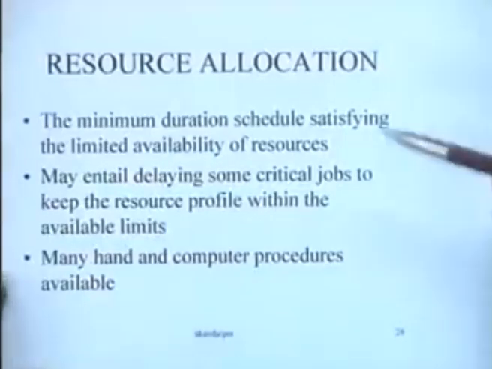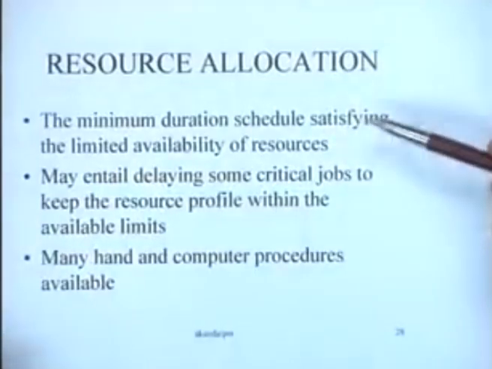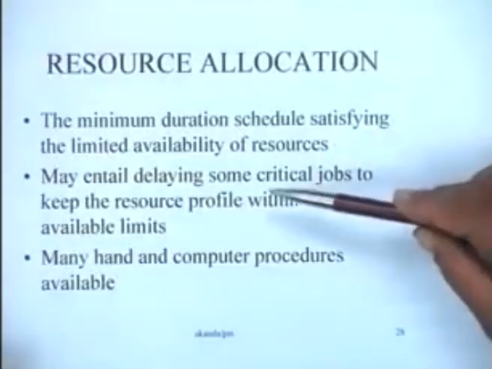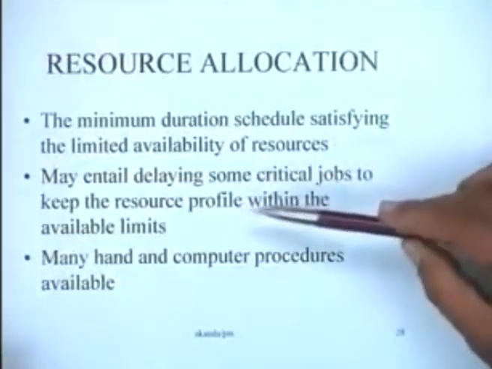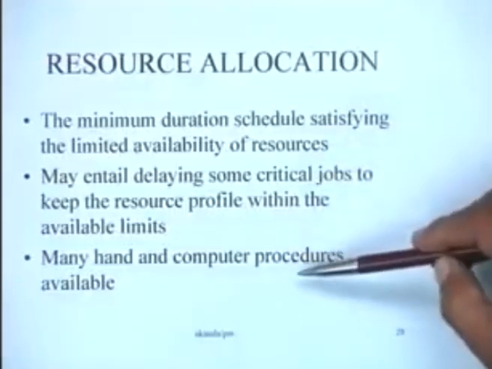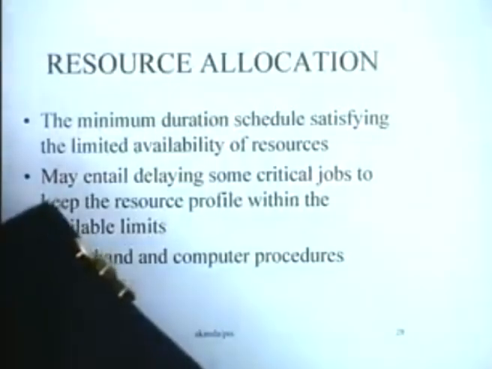Limited resource allocation is another thing which is extremely important, which talks about the minimum duration schedule satisfying the limited availability of resources, which might involve delaying some critical jobs to keep the resource profile within the available limits, and there are again a number of hand and computer procedures available for doing this.